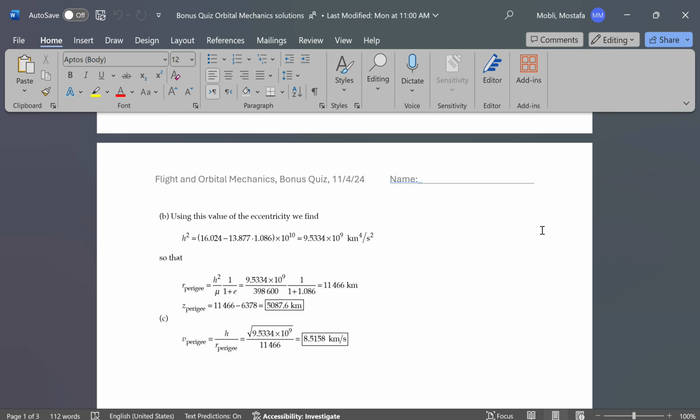Okay, so we have these values using the orbit equation. We can find the altitude of the perigee, z of p plus r of e is equal to h squared divided by mu times 1 plus e. We have e 1.086. We have h squared, whatever the value is.